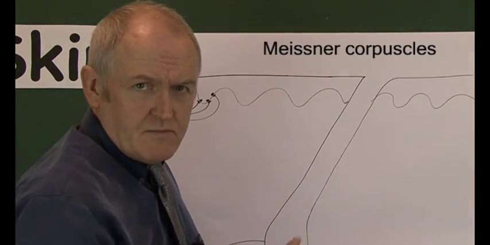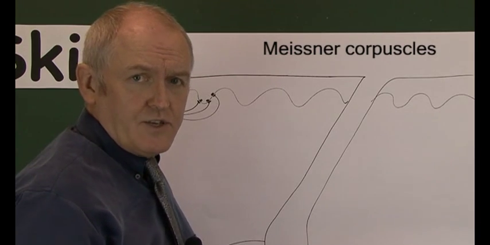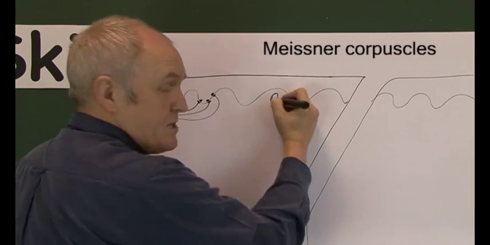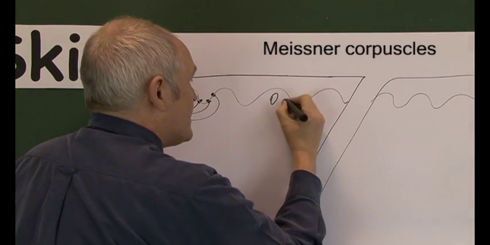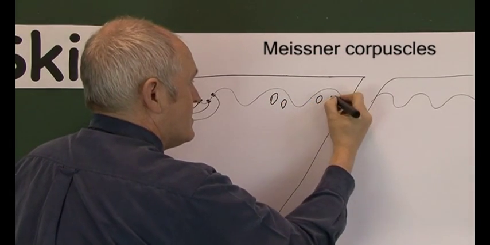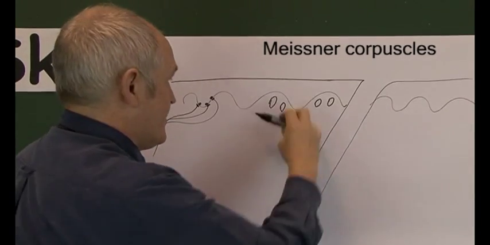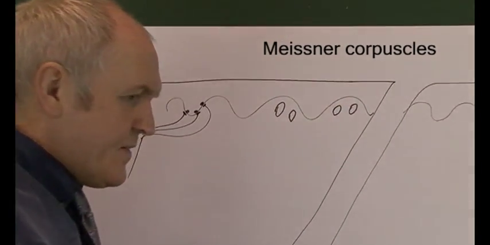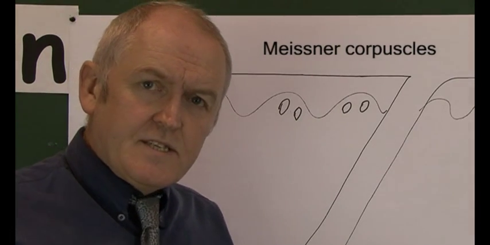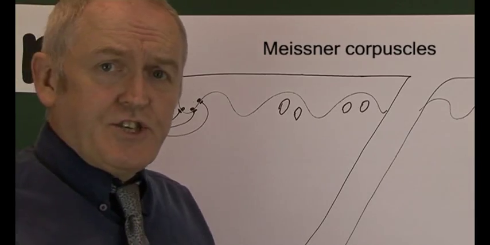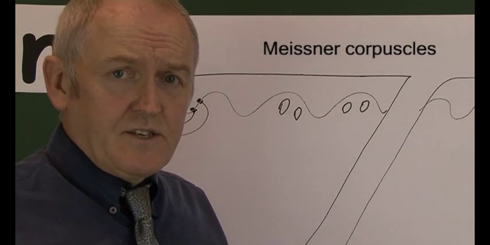Meissner was a German anatomist who first discovered the Meissner corpuscles. And these are moderately small corpuscles, but they're found in the dermal papillae, near the surface of the dermis. And the reason that they're near the surface is these mechanoreceptors detect touch, often fairly light touch.